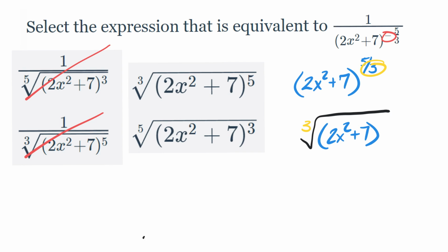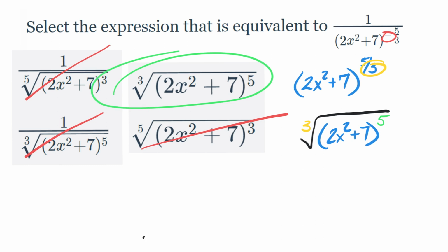And the power, which is the numerator, is going to be attached to our value there. So this answer is also wrong. This answer would be correct. And again, just like on the last one, you could have graphed y1, y2. The table should match identically.